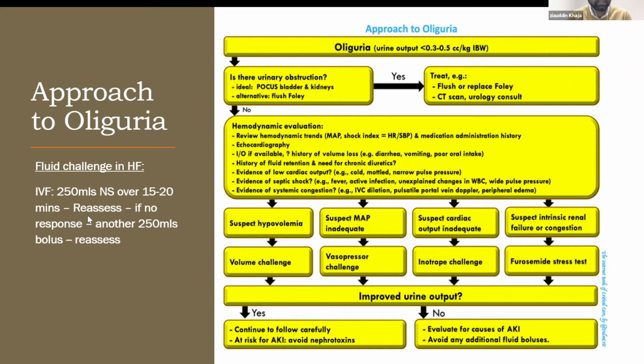Look at the blood pressure, if there is tachycardia, if it's settling down, and if it's giving response. And if you don't see any response, you can give another 250 mils and then reassess again.